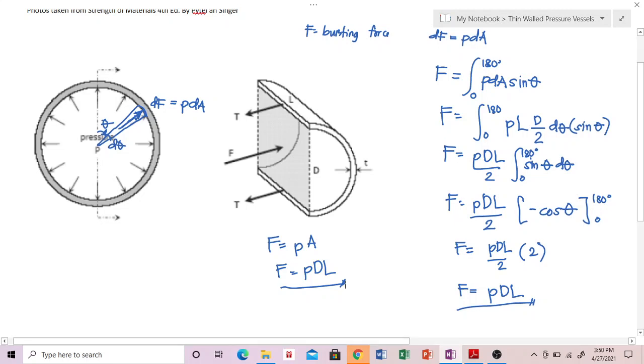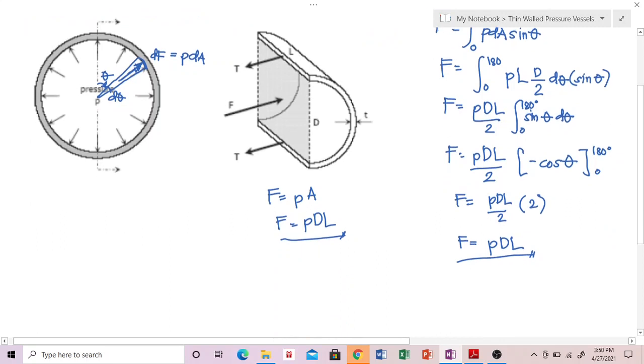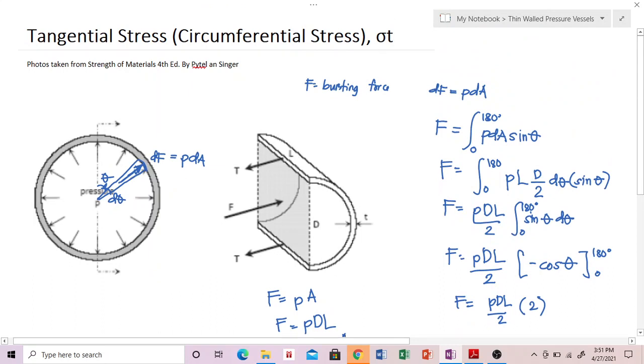Okay, let us continue. Now, kunin naman natin kung ano ba yung magnitude noong tangential stress. Okay. The tangential stress. Okay, from this figure, class, you can see yung bursting force F is resisted by the two equal forces, T. Ayan. So, T along yan dun sa, that is tangential. Tangential yung direction niya dun sa circumference. That's why tinawag nga siyang tangential or circumferential stress.